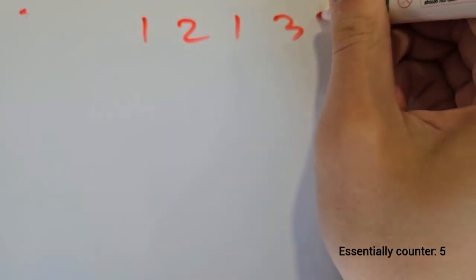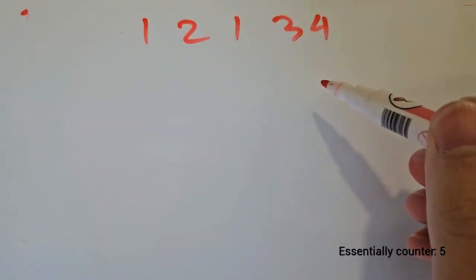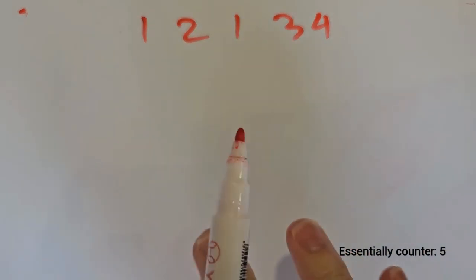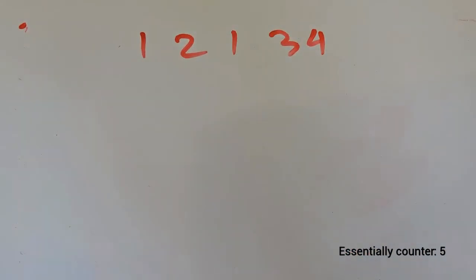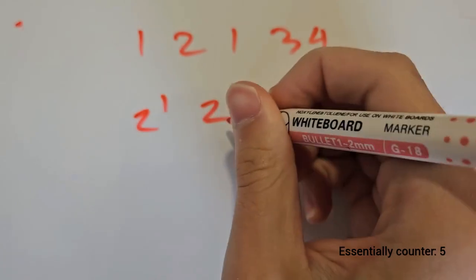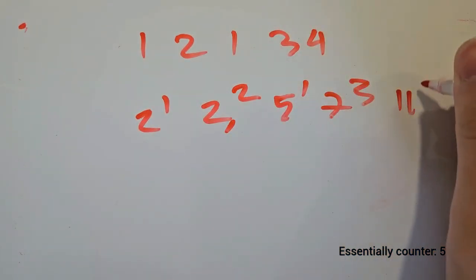2, 1, 3, 4. And then we're going to raise prime numbers in order to these numbers and multiply them together to get a number that is unique from any other number that you could possibly make from any other equation. So what this looks like is 2 to the first, 3 to the second, 5 to the first, 7 to the third, and 11 to the fourth.